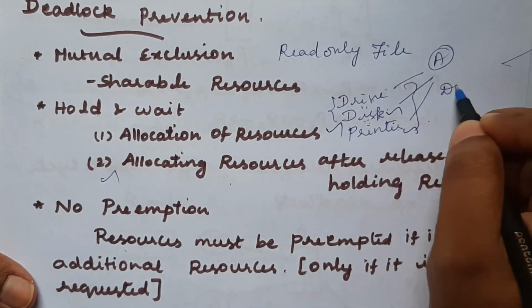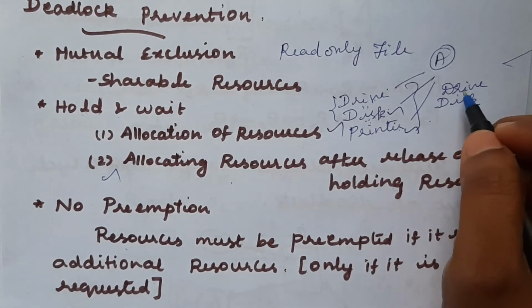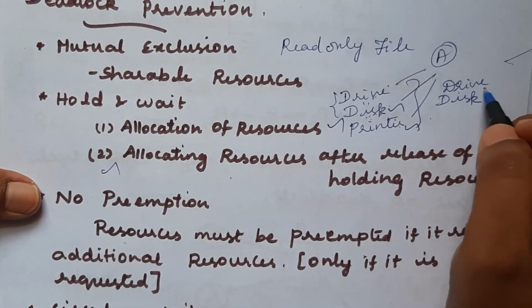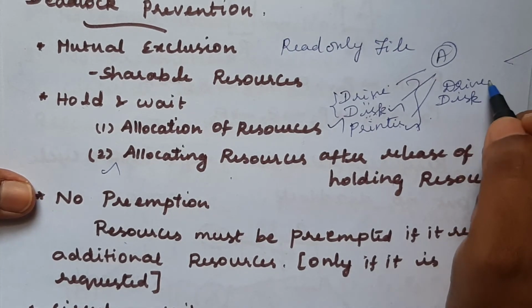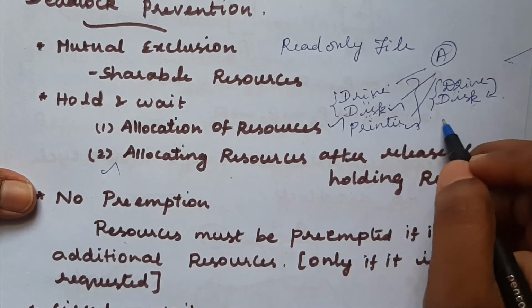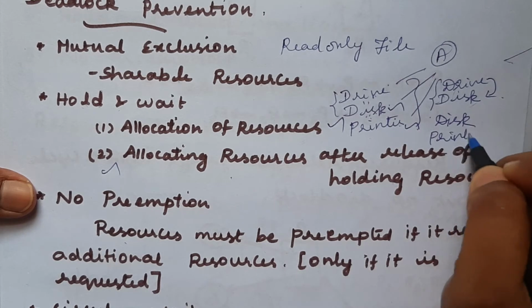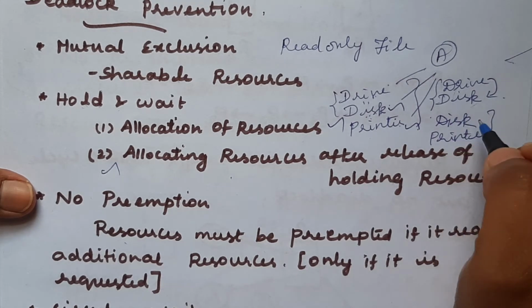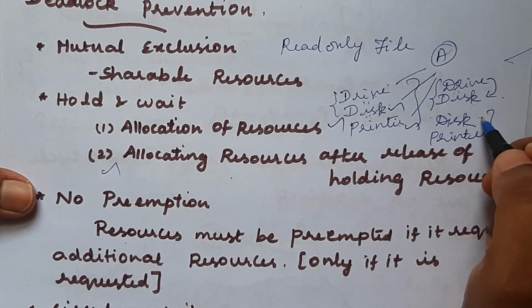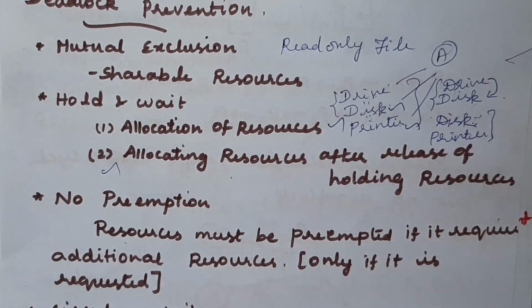So after copying the content from drive to disk, it will release these two resources and again request disk and the printer. These two resources will be allocated and afterwards it will print the file that has been stored in the disk with the help of the printer. This is the second method.